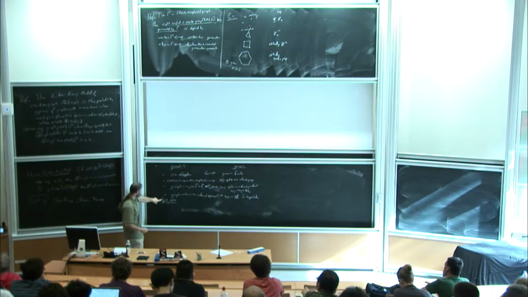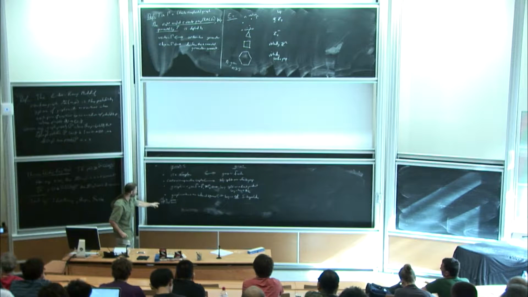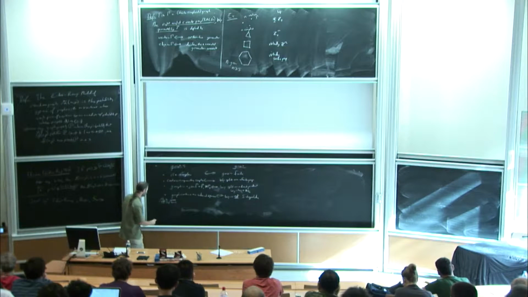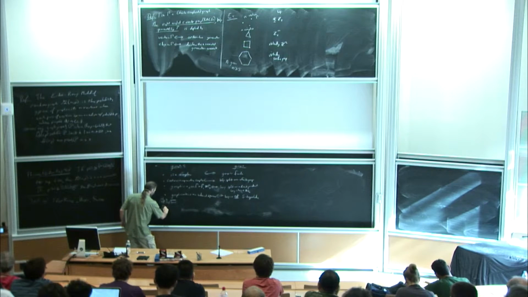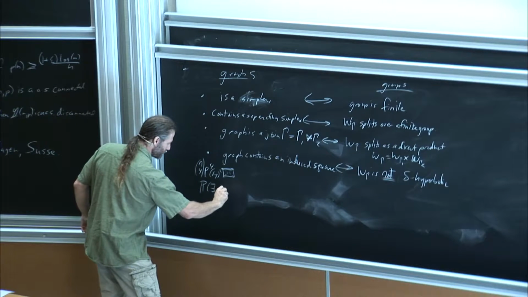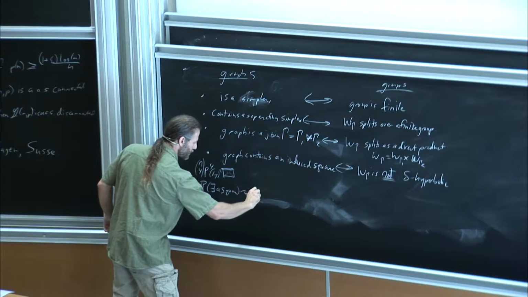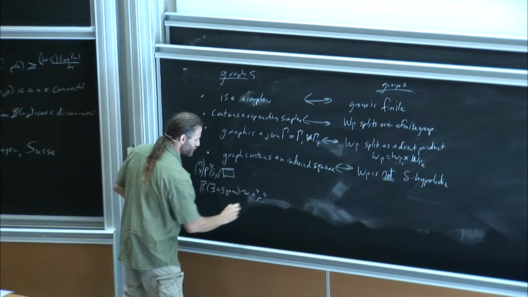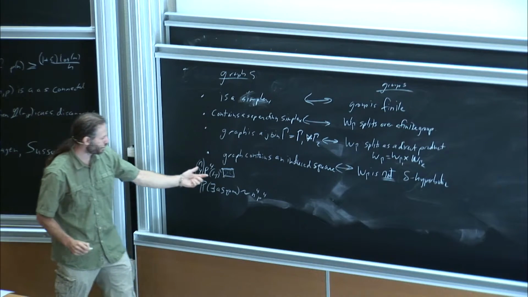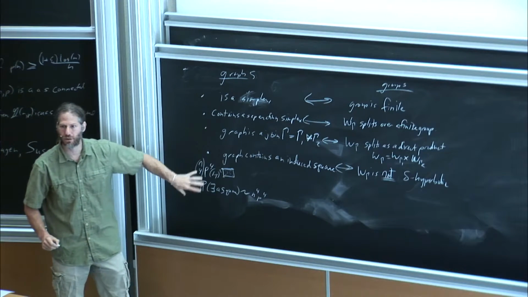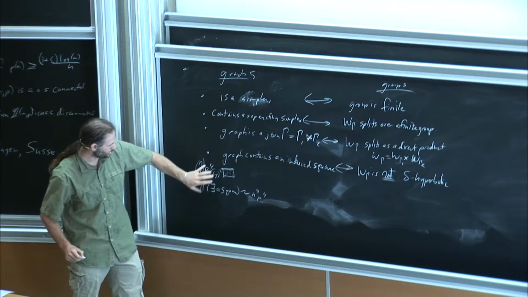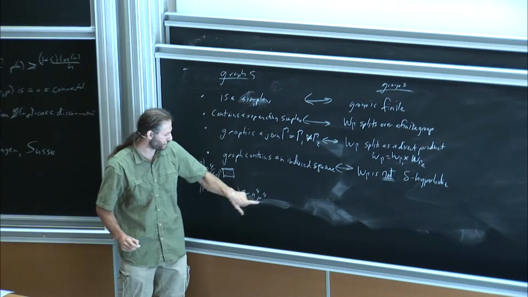And now n choose 4 is approximately n to the 4th. So the probability that there exists a square is approximately n to the 4th, p to the 4th. There's a 1 minus p term also, but when p is small, that's close to 1, and that goes away, so it's approximately n to the 4th, p to the 4th.